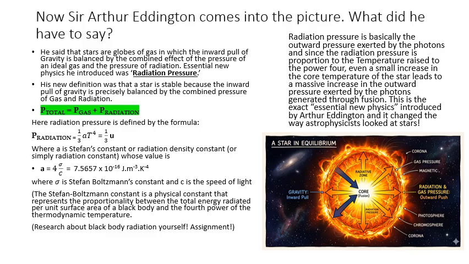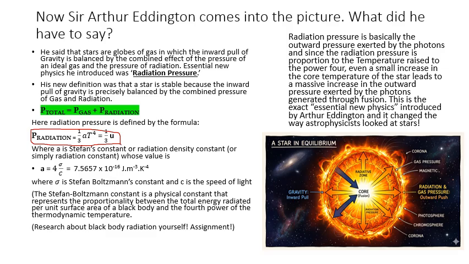So we can see the total pressure is now defined as the gas pressure plus the radiation pressure. This is the total pressure we have now. So what is the value of the radiation pressure? It is defined by this formula. P radiation is equal to 1 by 3 times the Stefan's constant a times the temperature raised to the power 4.